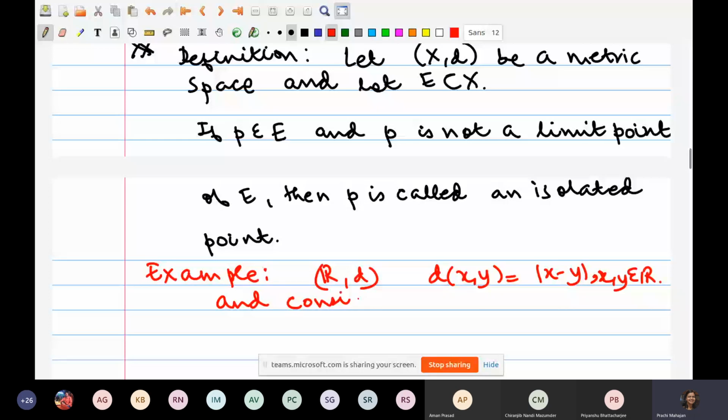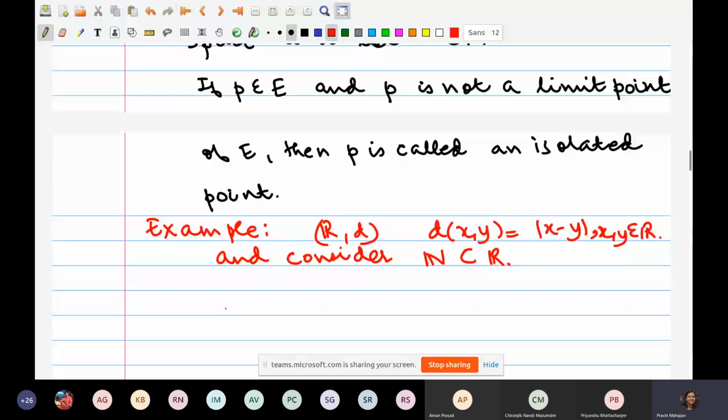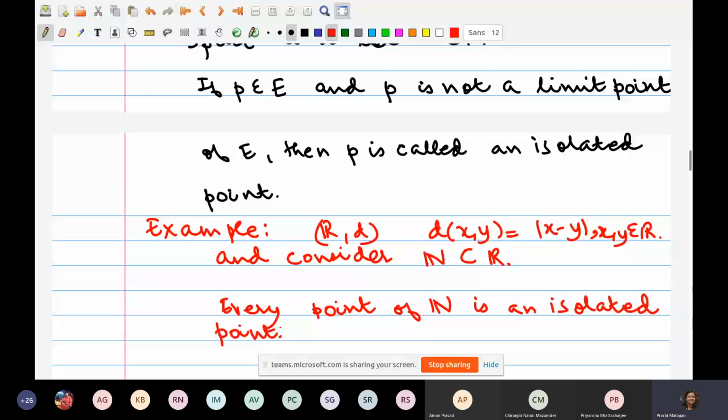Then we agreed that no point of the set of natural numbers can be a limit point of the set of natural numbers. So in light of this definition, every point of the set of natural numbers is an isolated point. So this is example 1. Is this okay with everybody?